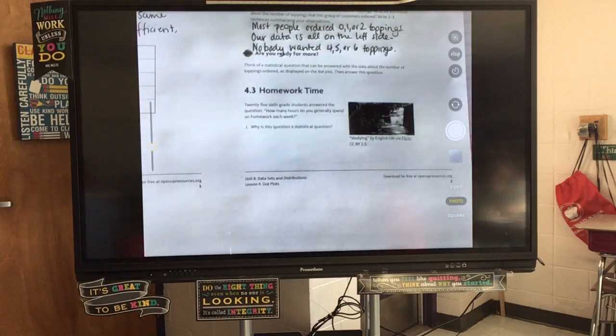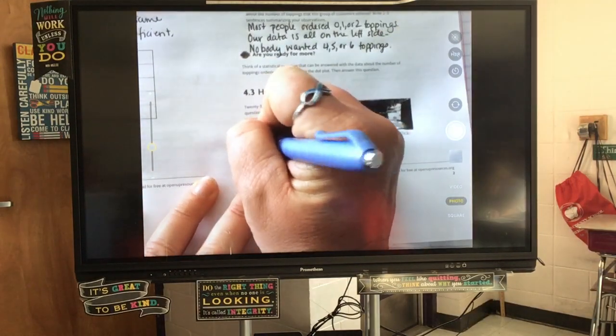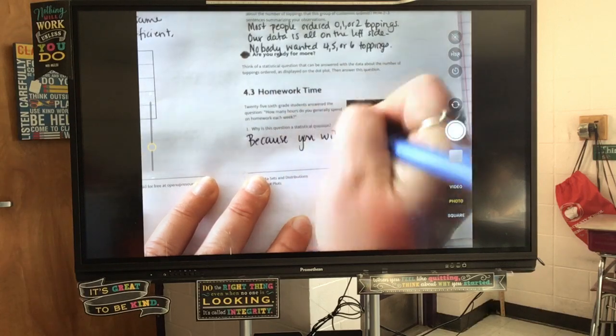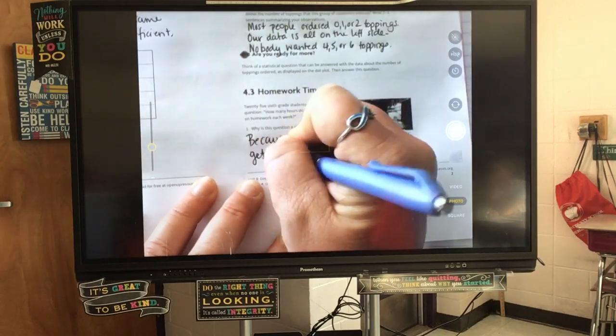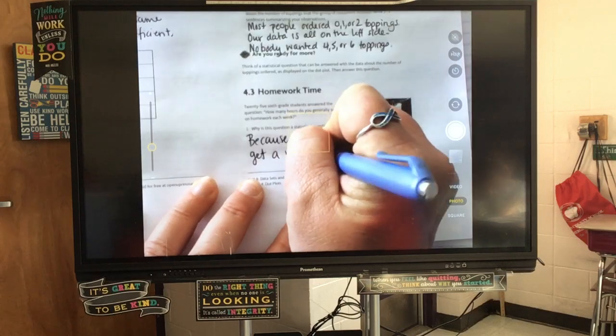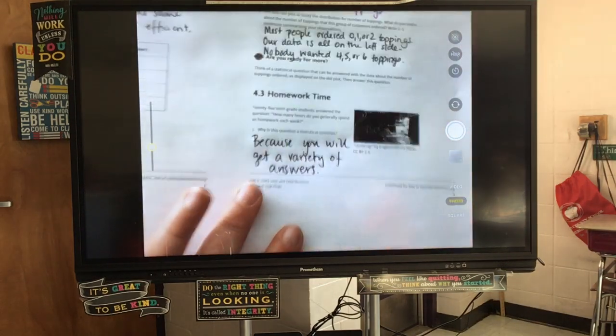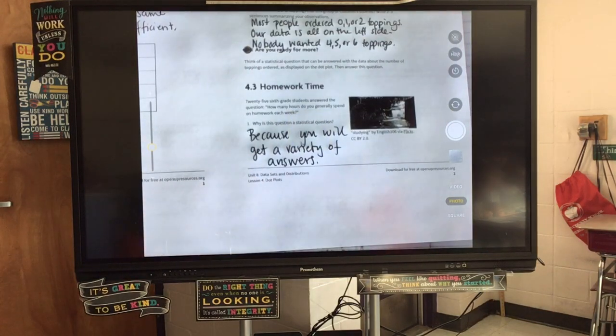Alright, so then why is this a statistical question? Perfect. Go ahead and flip your paper over when you are done writing that down.